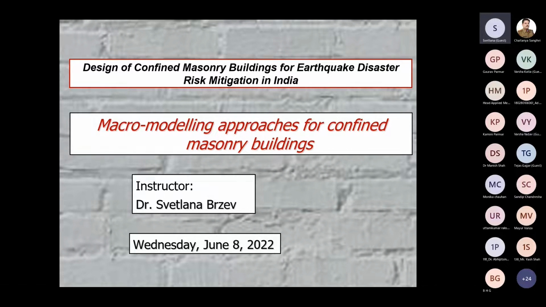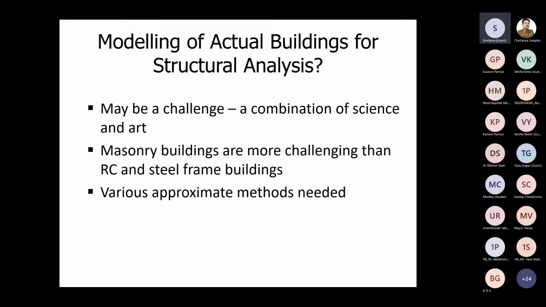So the macro modeling approach. The first question we will try to answer is about general modeling. It's nothing to do with confined masonry, but it's a topic of modeling of actual buildings for structural analysis. These are my thoughts and opinion. It may be a challenge. It is a combination of science and art because it is not always straightforward to do modeling.